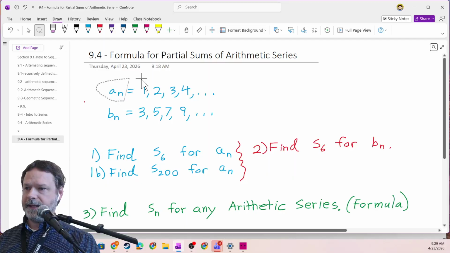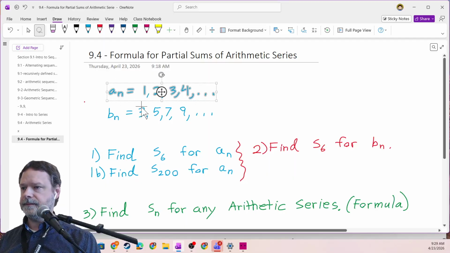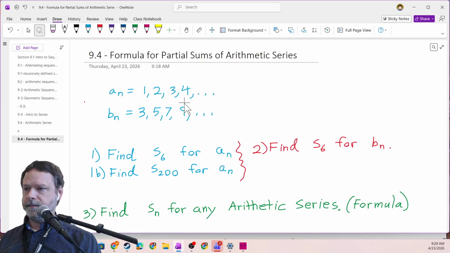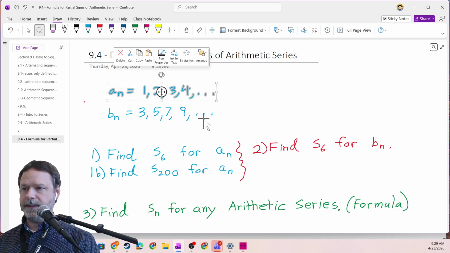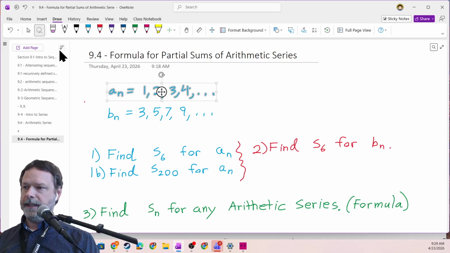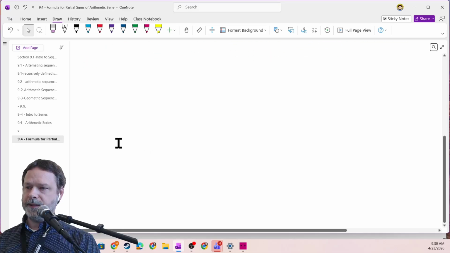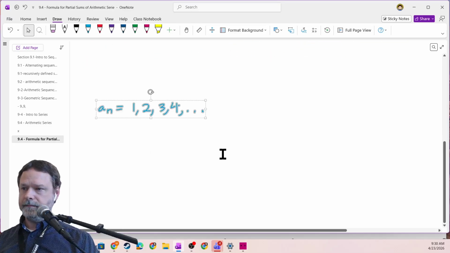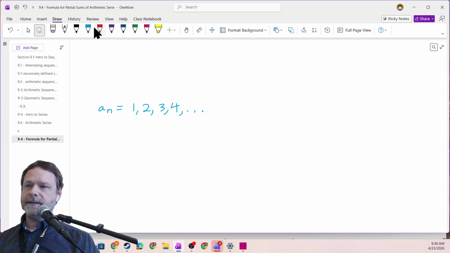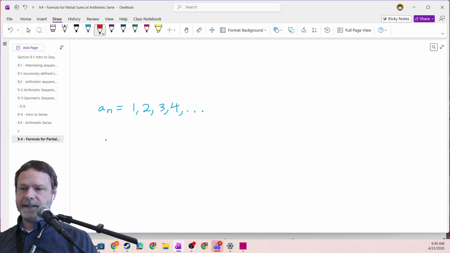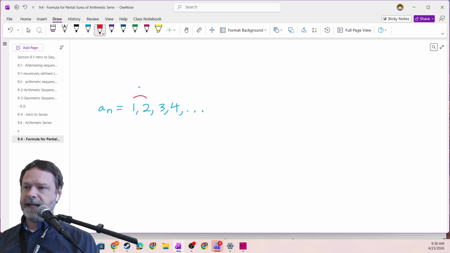we got this A sub n. And I'm going to try to copy it here. And we want to find the first 6 terms. So let's do that. Okay, and that's really easy. So first off, the first 6 terms are going to be, and we can see here, it's just the counting numbers.